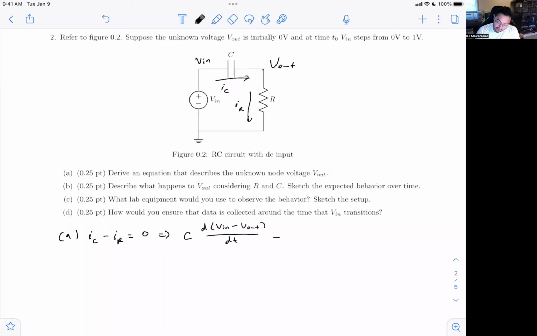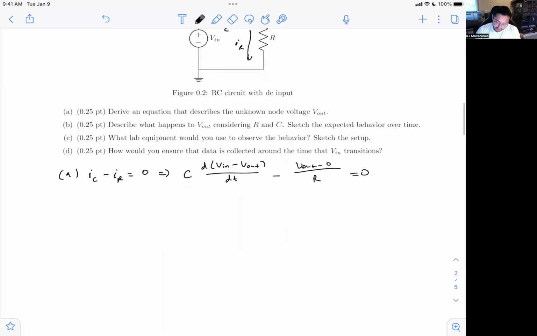So the voltage across R is V out, right, minus 0, divided by R. Again, this voltage of the input, if we take the time derivative there, goes to 0. So we're left with minus C dV out by dt minus V out by R is 0.